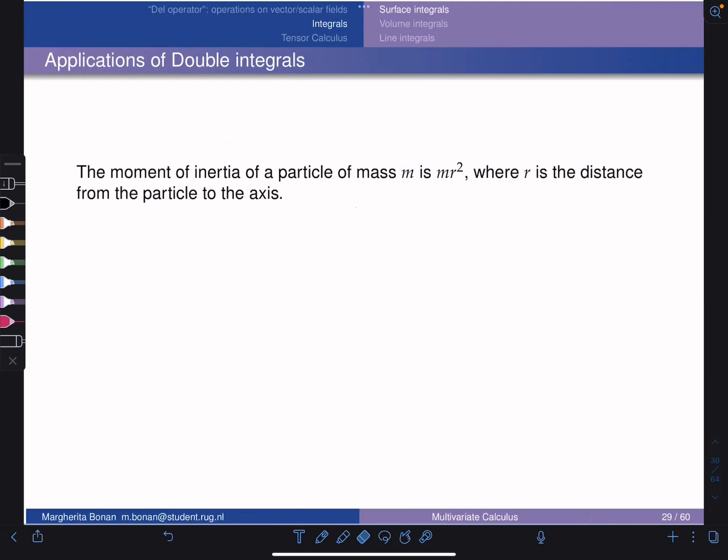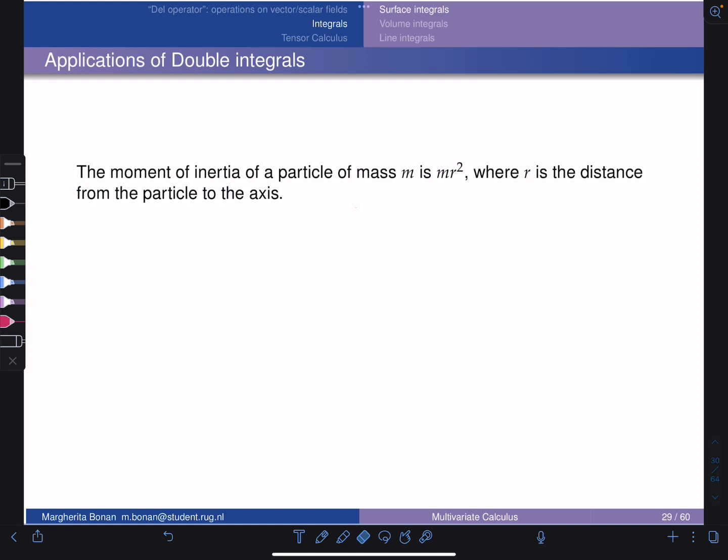We see now an application of double integrals. To find the moment of inertia of a particle of mass m, we usually use the formula m r squared, where r is the distance from the particle to the axis.